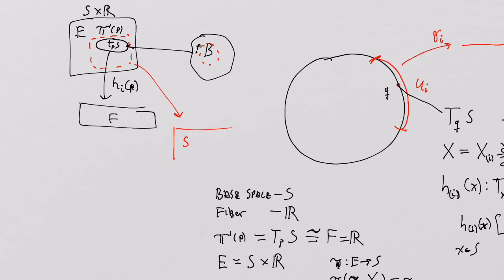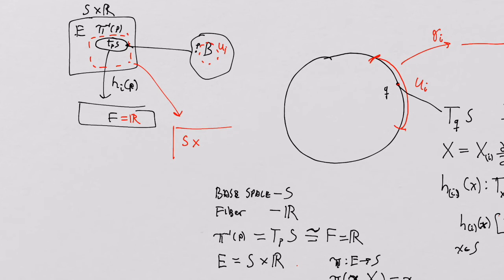This is the region UI, so this has to map to the trivialization UI cross F, which is R, right? And that mapping we would call pi HI P, using that one notation that we were talking about before.